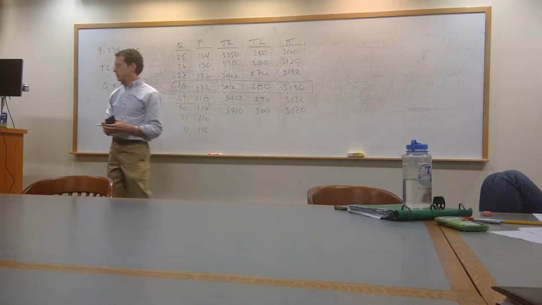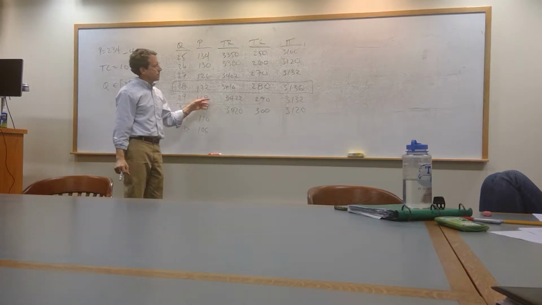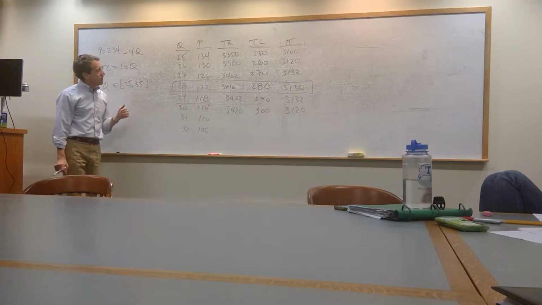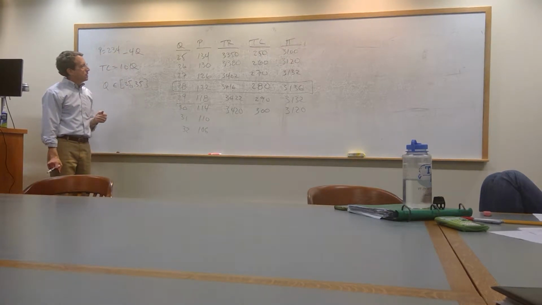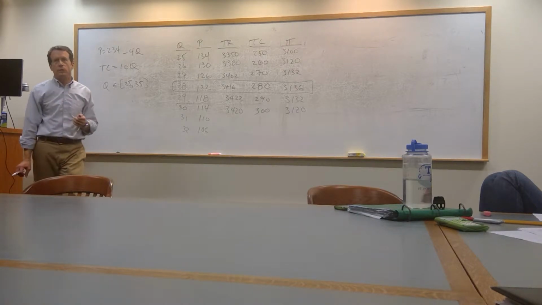Okay, so if all has gone well, and I haven't made some mistakes doing these calculations, we found that the profit maximizing quantity is 28, the profit maximizing price is 122, and the profits are 3136.